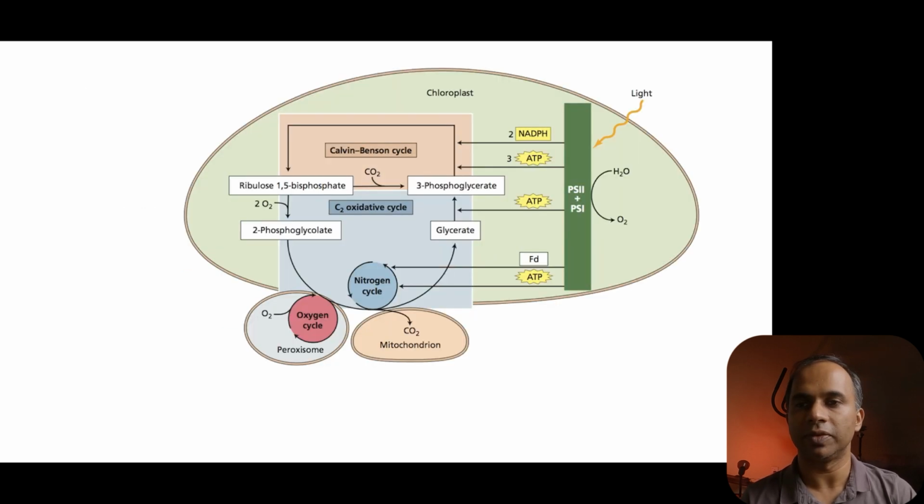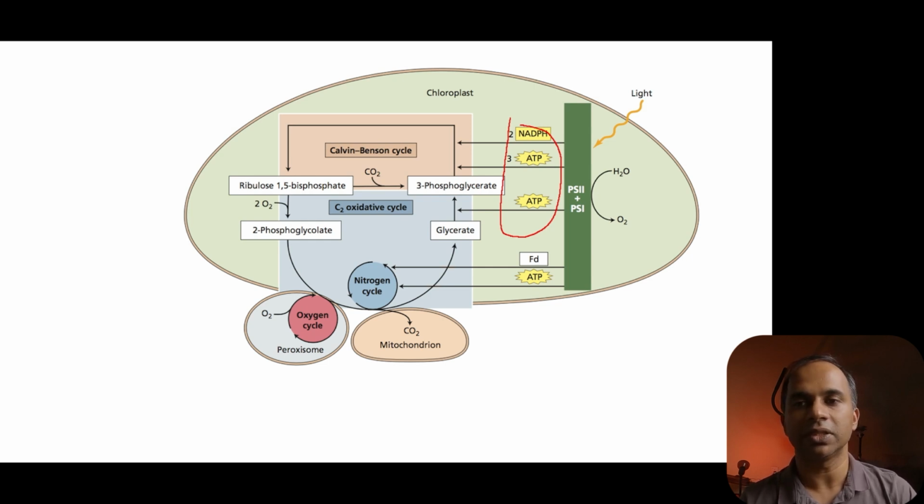If you look at this one, you can see the chloroplast. So this is what is going to happen. You have a Calvin, Benson and Bassham cycle there, and then we have our light reaction, which is going to provide all the energy requirement for the Calvin, Benson and Bassham cycle.